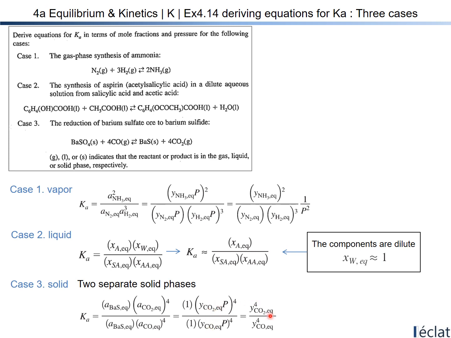The net stoichiometric coefficient of this reaction is 0, so we don't have any term of total pressure in the description of Ka.